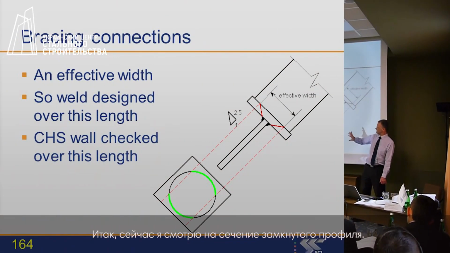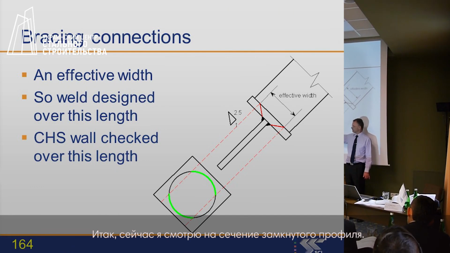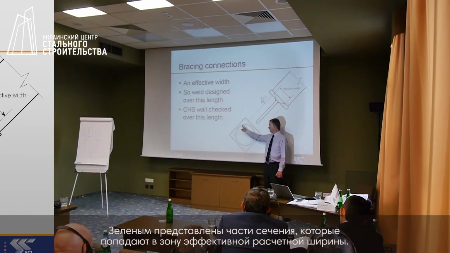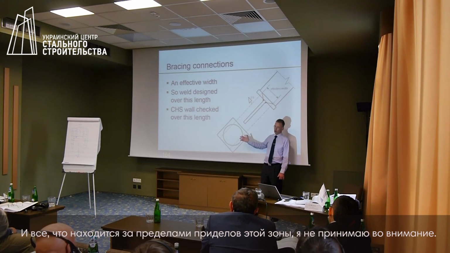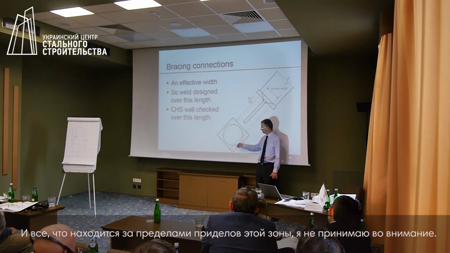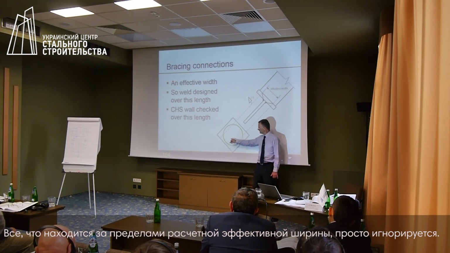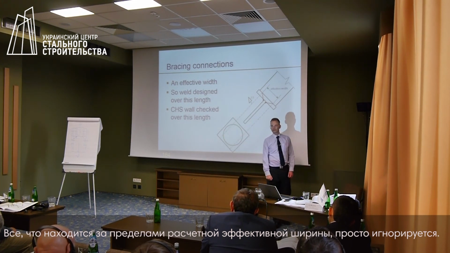So now I'm looking down my hollow section here, and the parts in green are the elements that fall within the effective breadth. And I ignore everything outside. So I neglect anything outside the effective breadth.